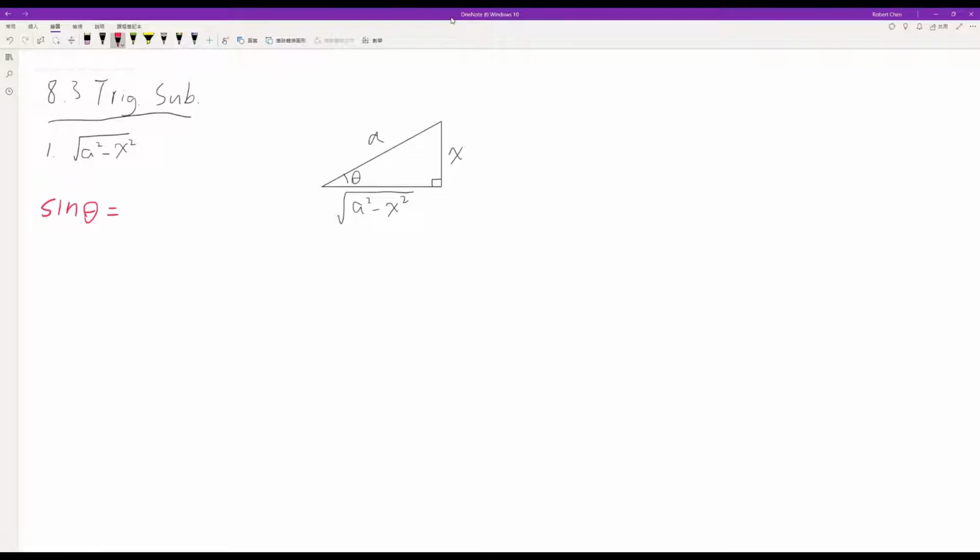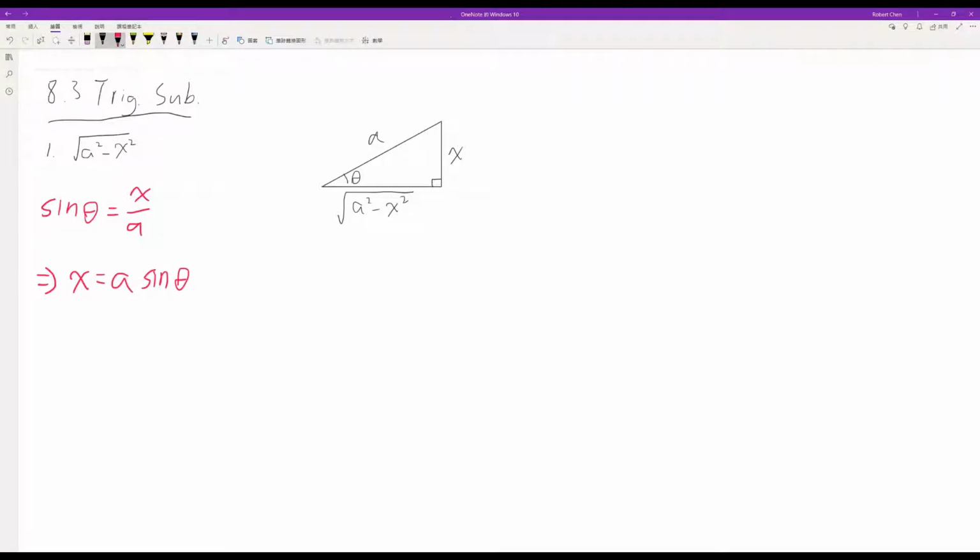Sine theta is going to be opposite over hypotenuse. Right? So x over a. Then what this is saying is I can write x as a times sine theta. Okay.